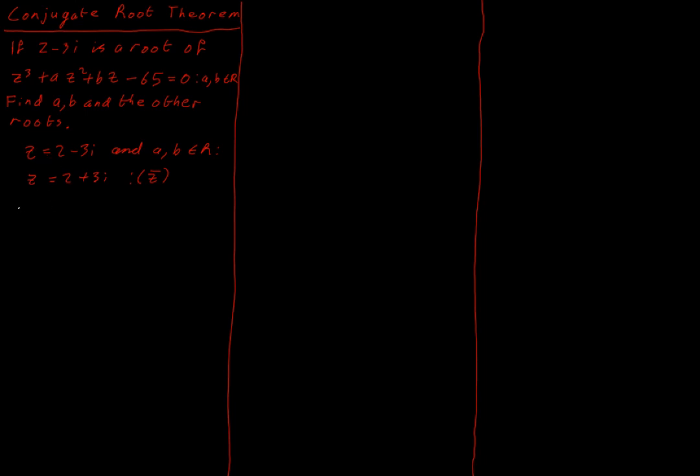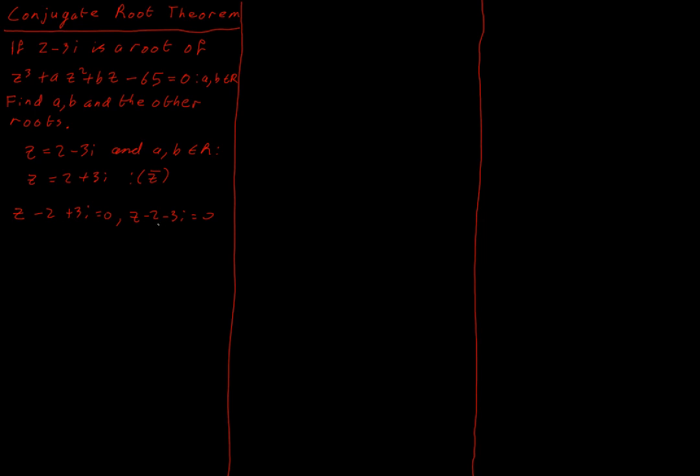So let's rearrange these, and I'll end up with z minus 2 plus 3i is equal to 0. This is one of my factors, and z minus 2 minus 3i is equal to 0. This is another one of my factors. I've rearranged these two to get them equal to 0.